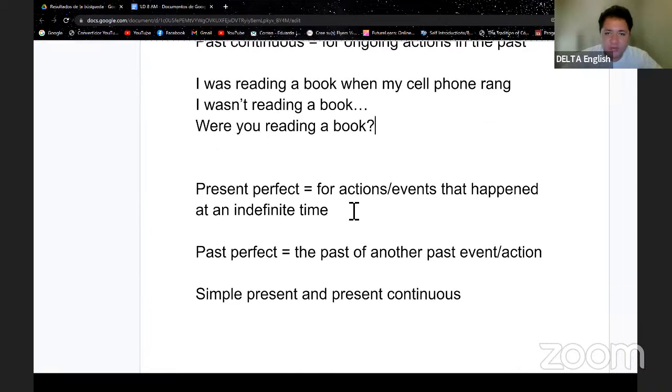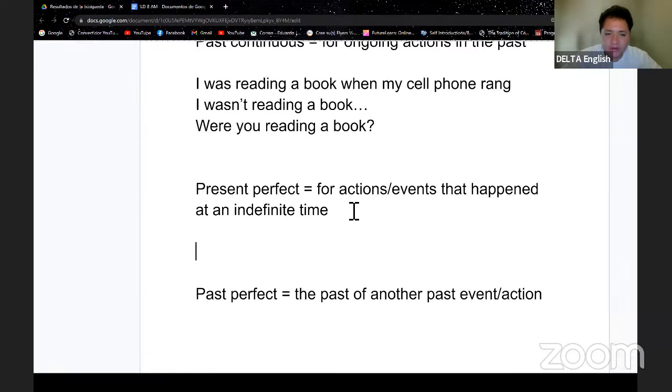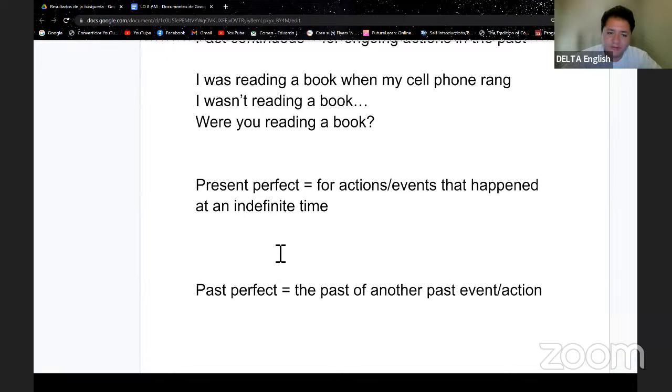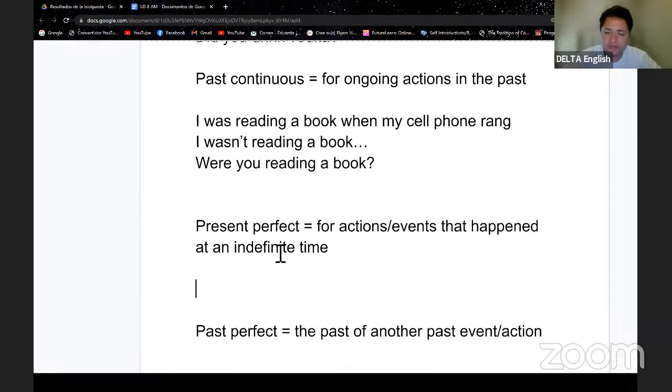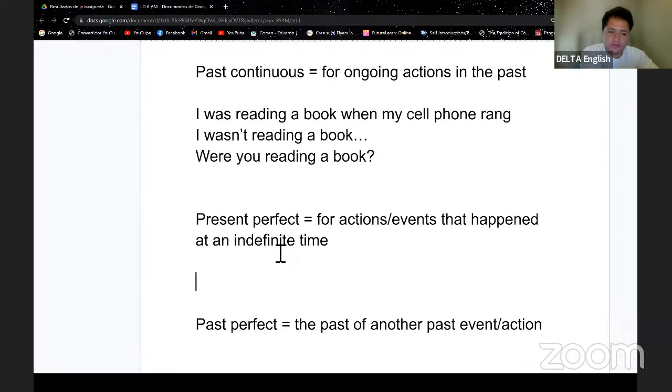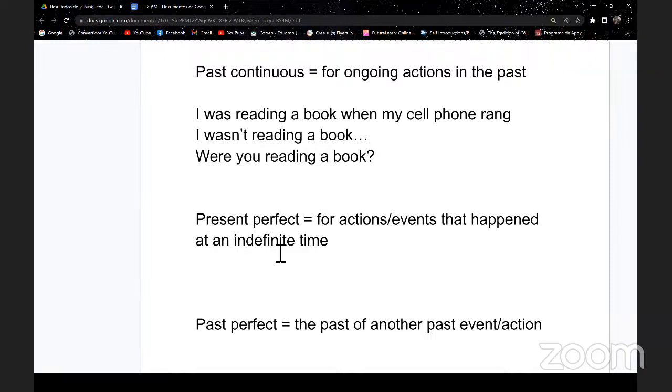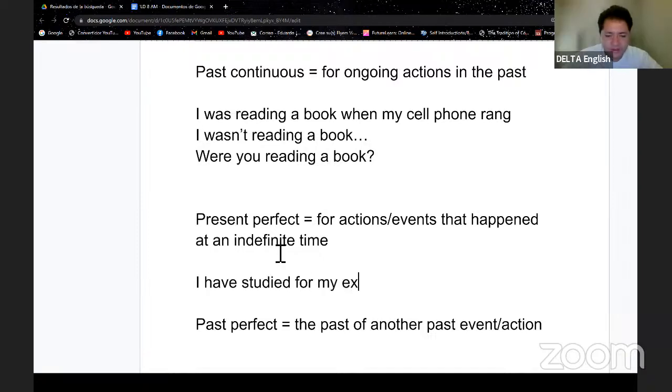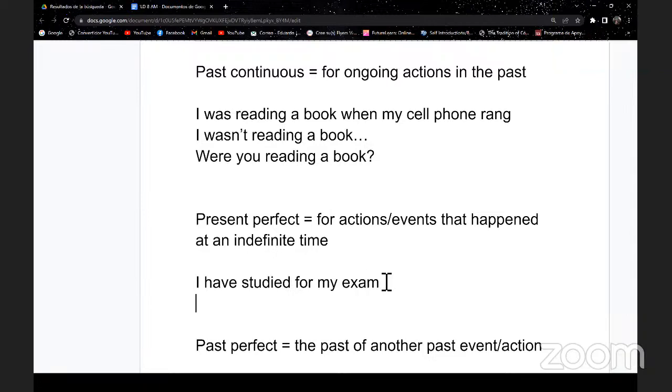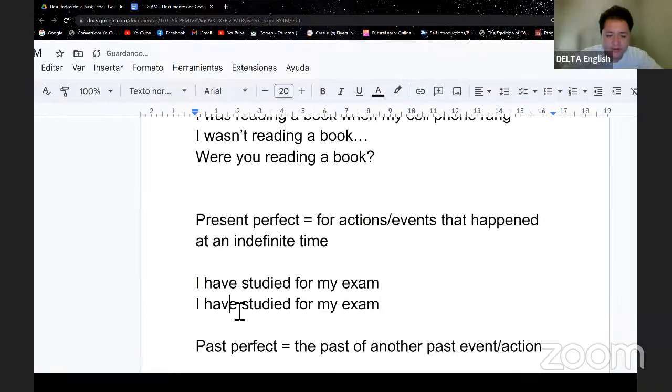Okay, please tell me an example, Fernando, with present perfect. No, let's see, Heidi, please. An example with present perfect. Yes, teacher. I have studied for my exam. Okay. In negative, please. I haven't studied for my exam. Very well, haven't.